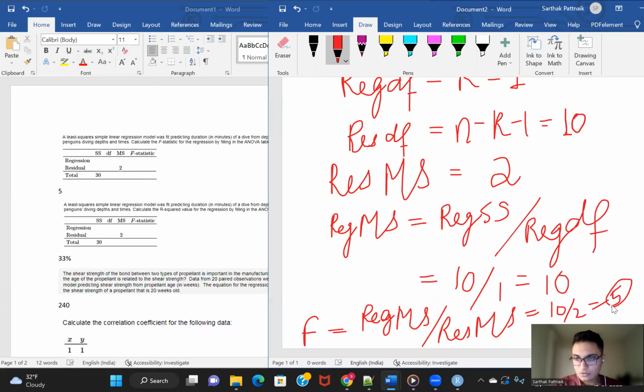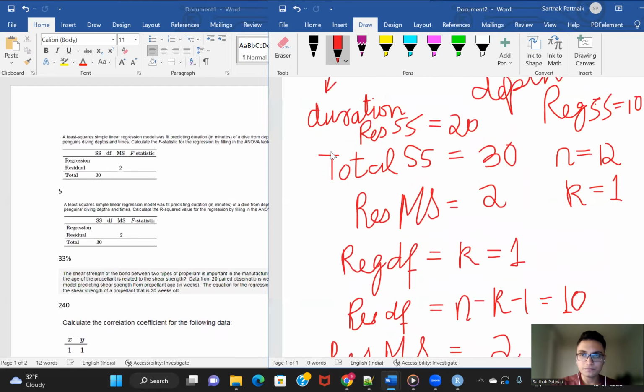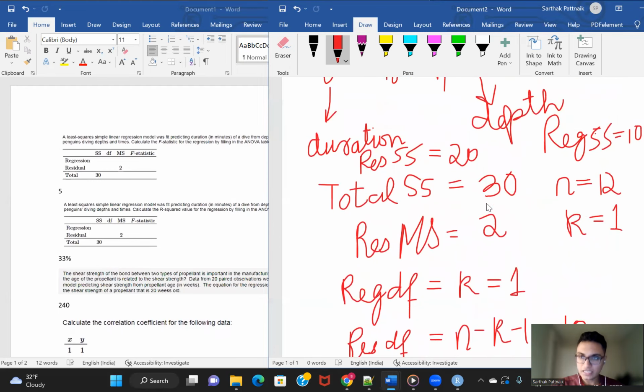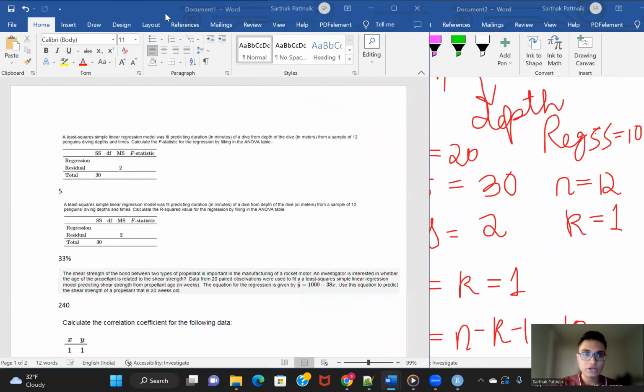So your final answer to this problem is 5. This was your first problem. Now we'll move on to the second problem. I'll keep all these values because we will also need them in the second question, because as you can see in the second question, the table is the same.